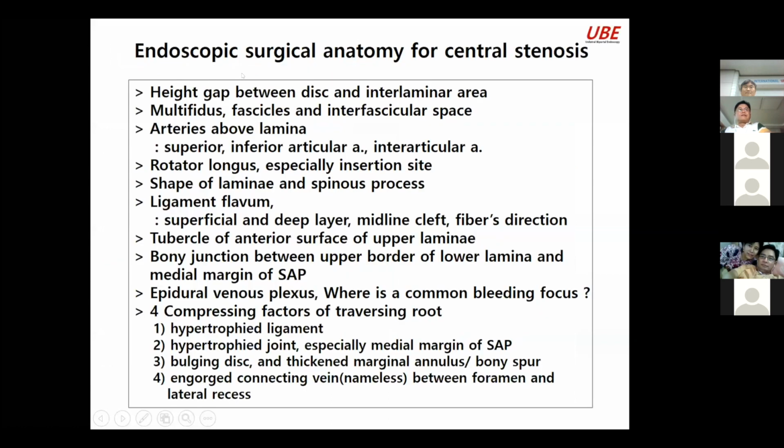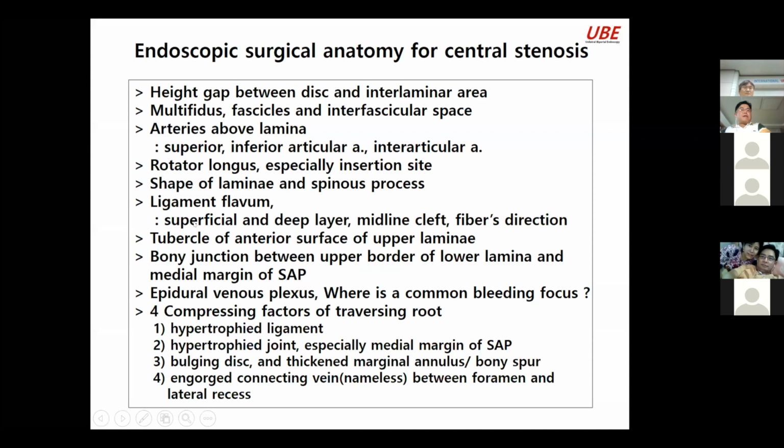Also, I always emphasize the endoscopic surgical anatomy. These are all endoscopic anatomy for central stenosis: the height gap between disc and interlaminar space, multifidus anatomy, arteries above the lamina, rotator longus muscle, the shape of the lamina, spinous process, and ligament, especially ligamentum flavum. Ligamentum flavum is the most important endoscopic surgical anatomy in UBE.